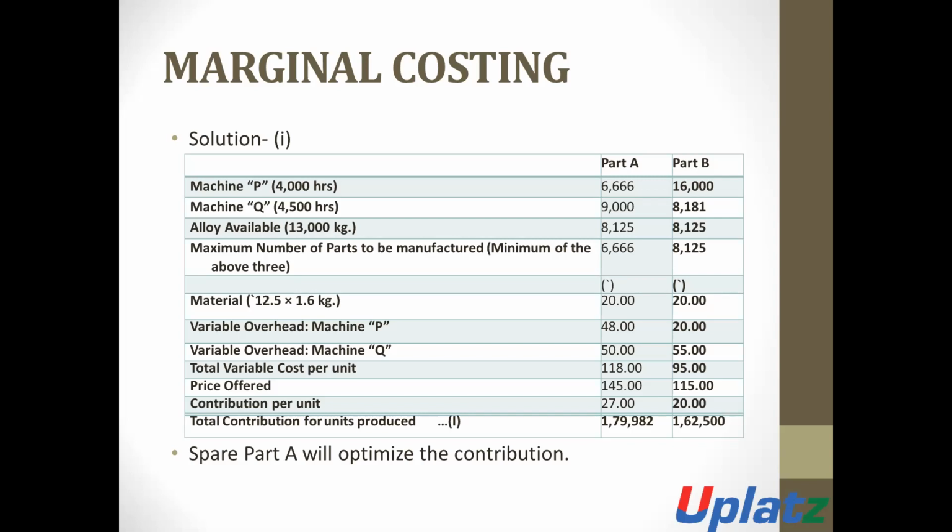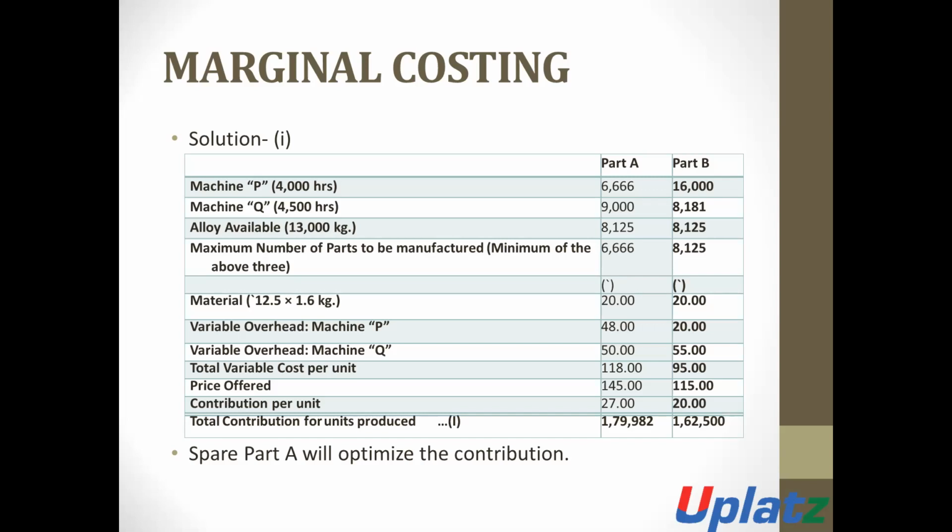In the case of machine Q, the maximum hours are 4500. If we use this machine for the production of part A, then it will produce 9,000 units. And if we use it for part B, then it will produce 8,181 units.